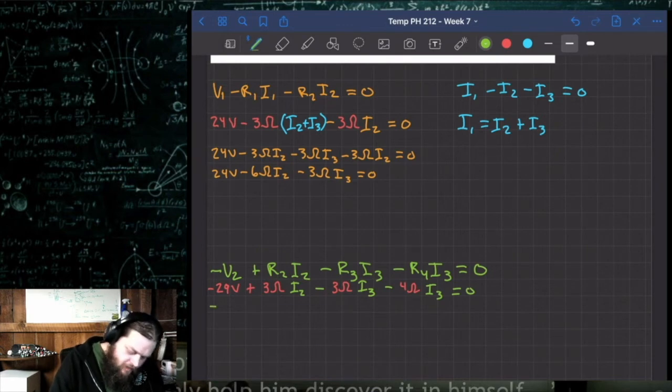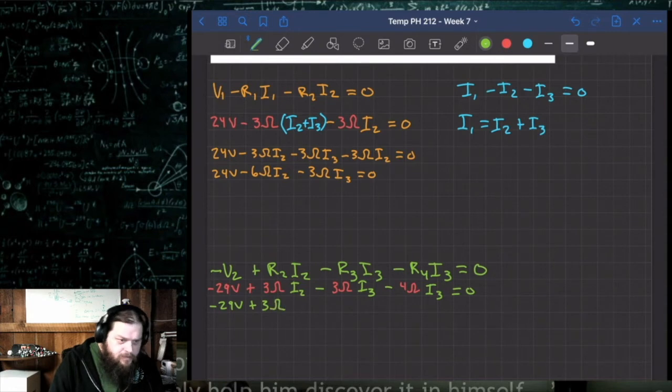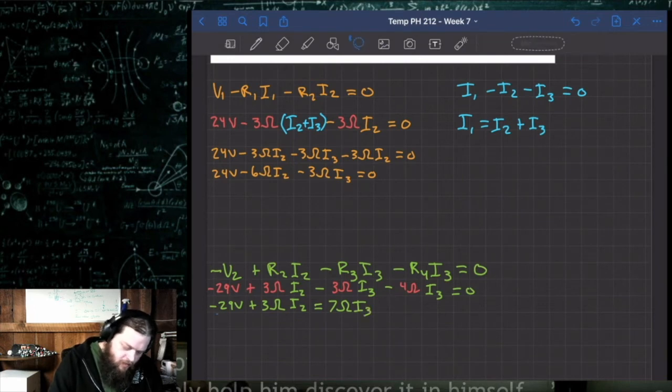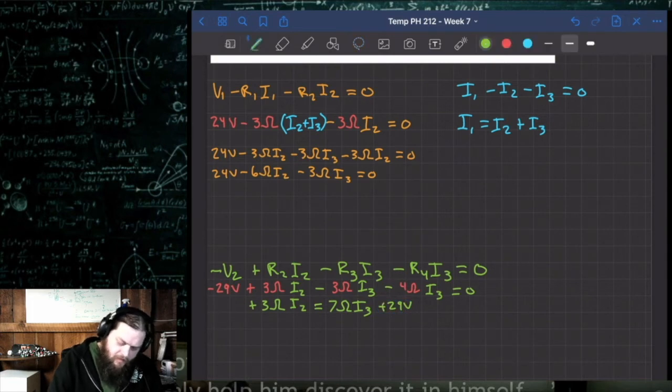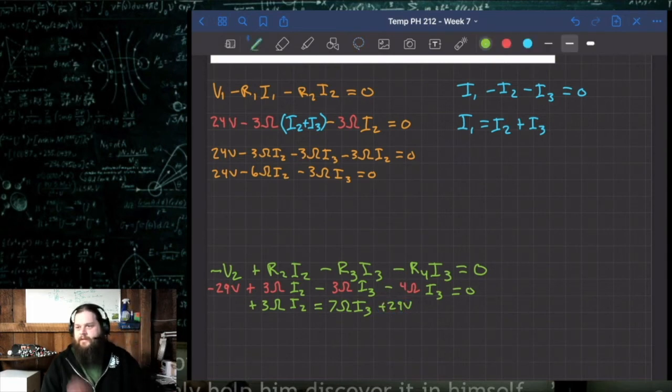It'll be negative 29 volts plus 3 ohms I2, and that's going to equal 7 ohms I3. We can actually move this voltage over here and make it positive. That'll be the next step to do, as we're trying to isolate I2 ultimately.